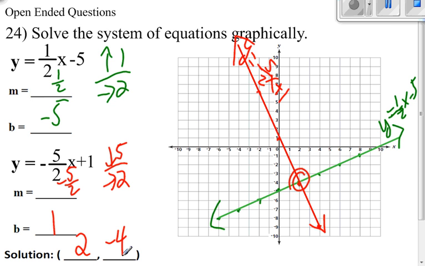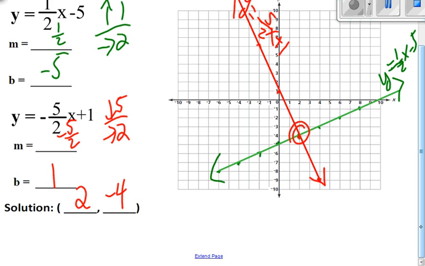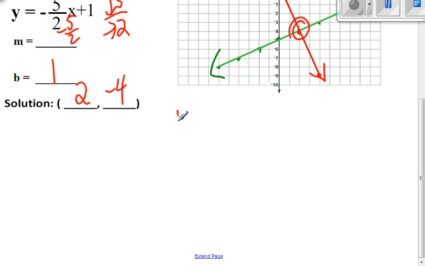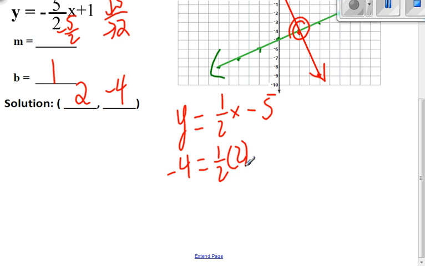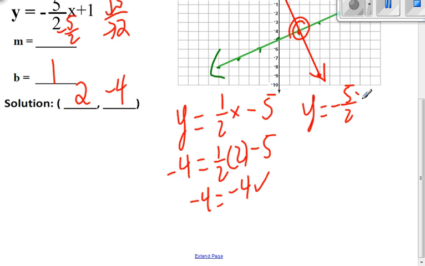If you finish this test early and you're sitting there with nothing to do, check your answers on the calculator. y equals 1/2 x minus 5. Substitute in: negative 4 equals 1/2 times 2 minus 5. Negative 4 equals negative 4. Check. Now y equals negative 5 over 2 x plus 1.